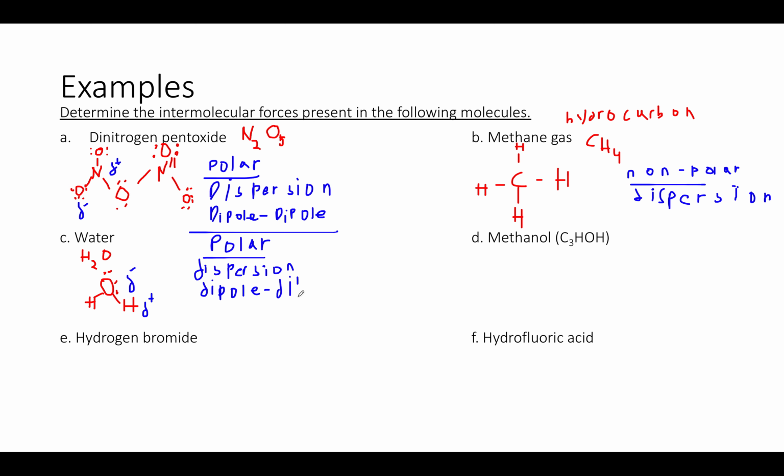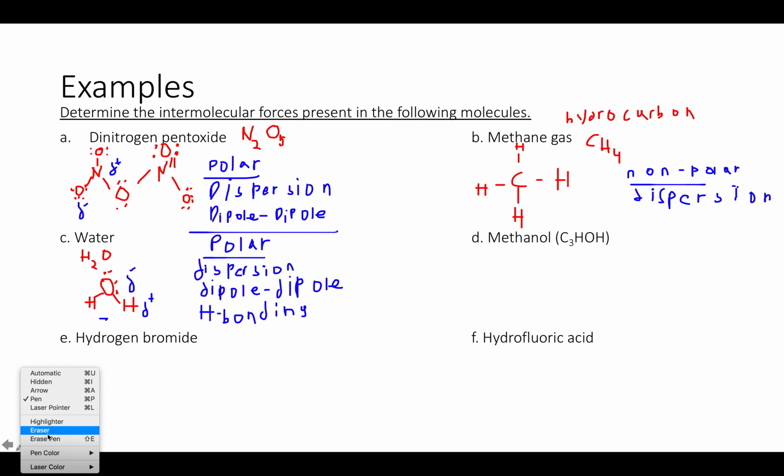But can we get the strong hydrogen bond? The answer, yes. You have oxygen, an electronegative atom, in between hydrogen. So you get hydrogen bonding. H bonding, we'll call it. So water has attained the trifecta. Good for water. Okay, so water has all three.